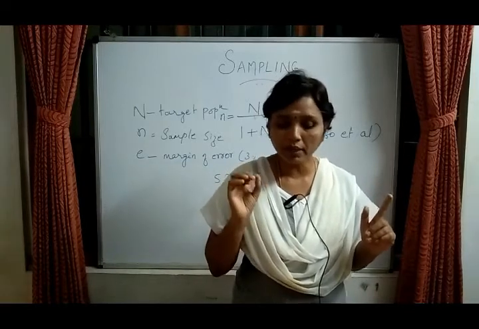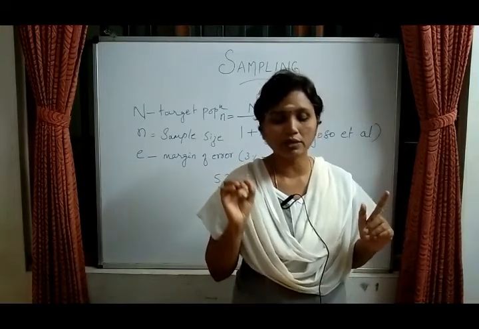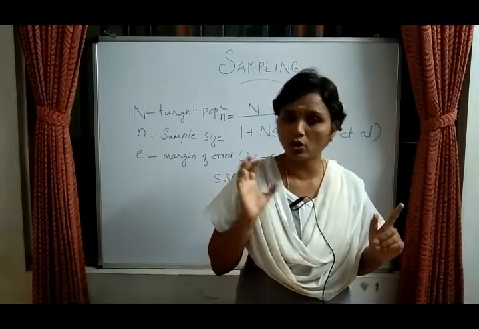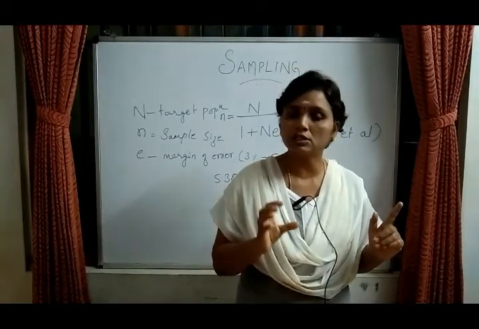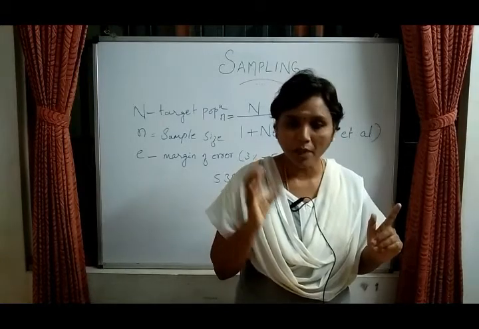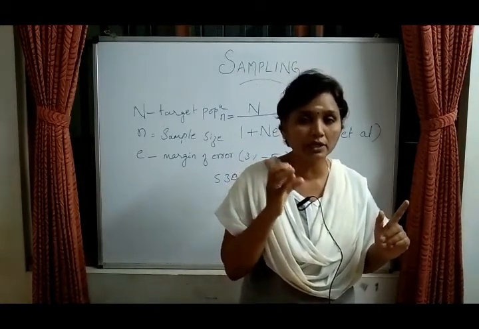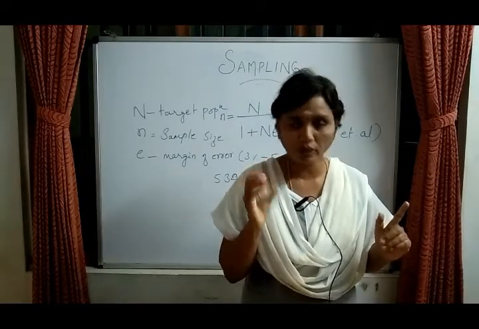The sampling design must be viable in the context of funds available for the research study. According to the researcher's capability and the purpose of the study, the sampling design must be followed.